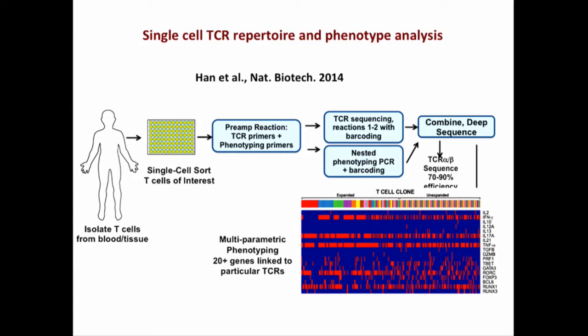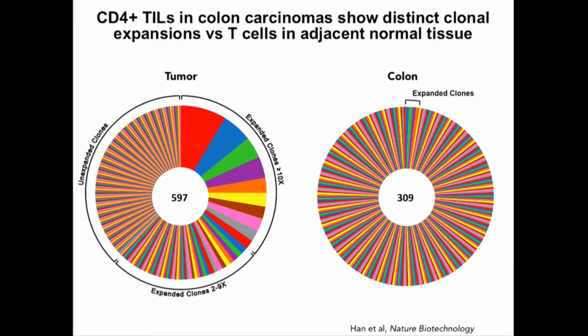We can get T cell receptor sequences from any patient, any tissue, any disease you care to look at. And one of the things that came up very quickly was looking first at some T cells in cancer. In many cancers, T cells infiltrate and proliferate within the tumor, and they often are specific for antigens in those tumors.